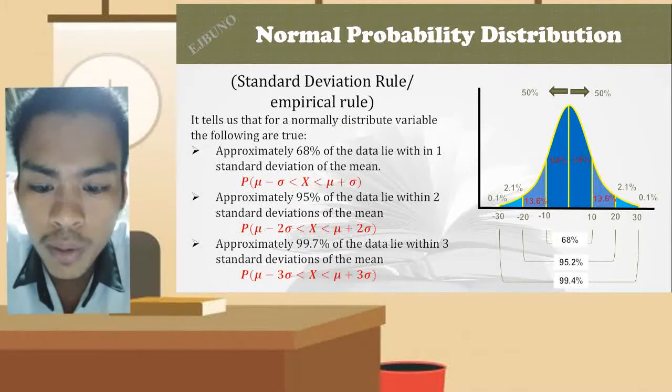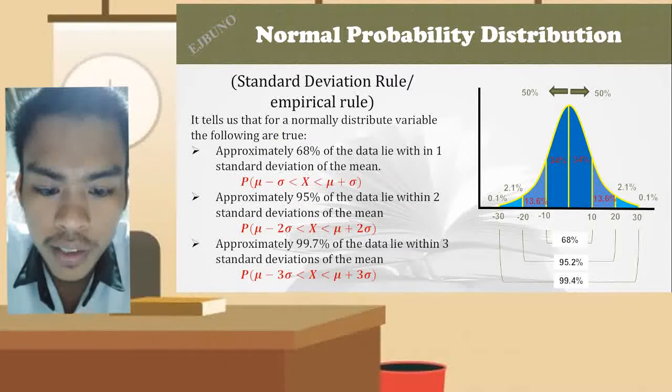This is the same rule that dictates how the distribution of a normal random variable behaves relative to its mean and standard deviation sigma.